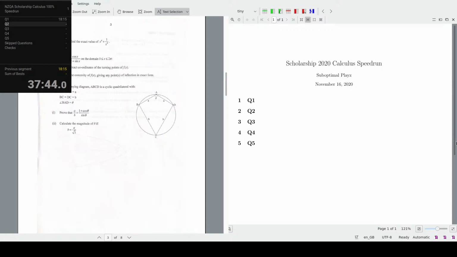So I'm just going to call it concave down. And the region from pi on 2 to 3 pi on 2 has positive second derivative, so it's concave up.